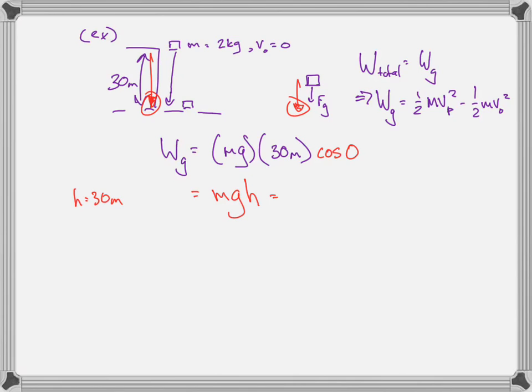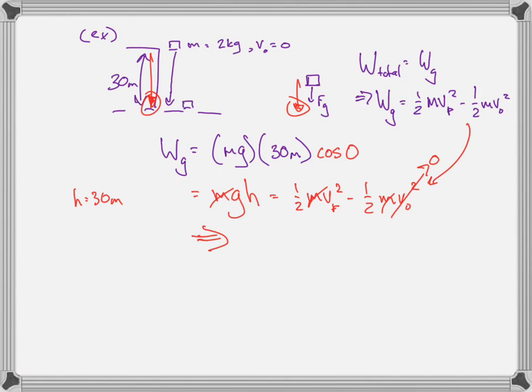And so mgh is 1/2 mv final squared minus 1/2 mv initial squared. Therefore, we can cancel the m's. That's why you don't want to plug your numbers in first. And not only that, but the initial velocity is 0, so we can cancel that altogether.